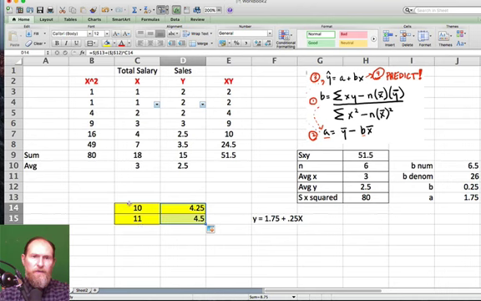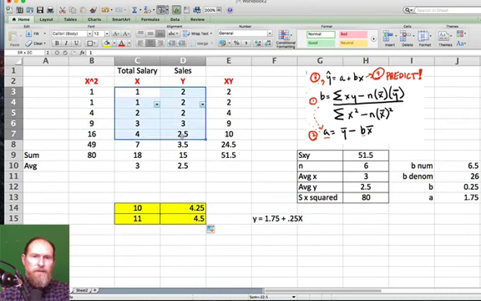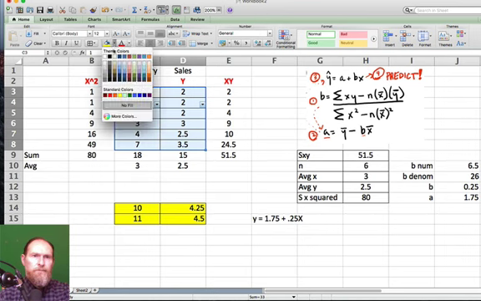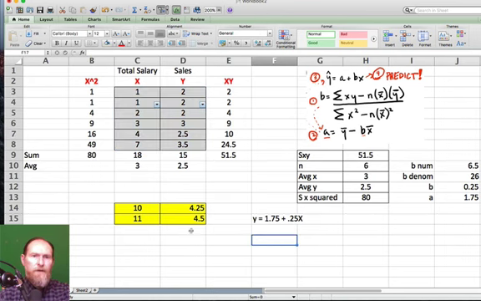And so this says that if total salary is 10, let's just focus on apples to apples. Okay, so if our total salary is 10, our predicted sales will be 4.25.